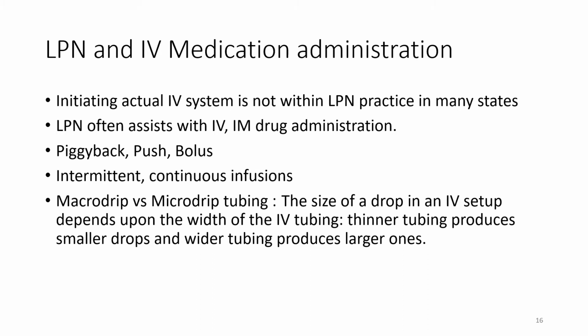Sometimes it's called a mini drip, but just remember that it's important to use micro drip when we're infusing a medication that may cause hypersensitivities at the injection site. For children, just be mindful that micro drip is going to give us better control of the medication that we're administering.